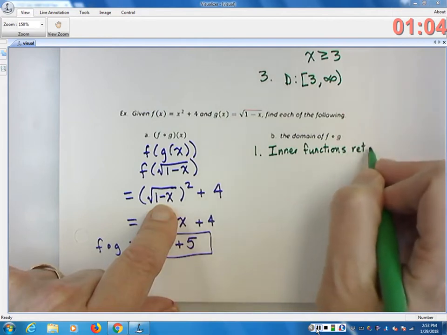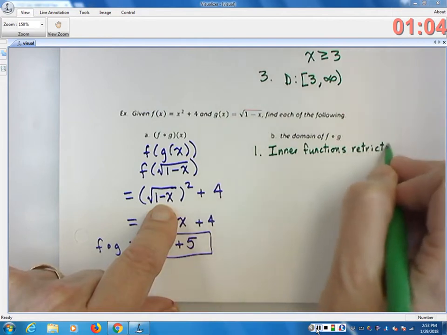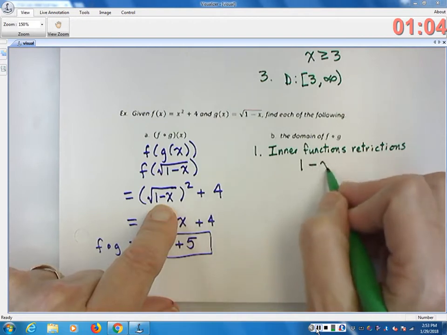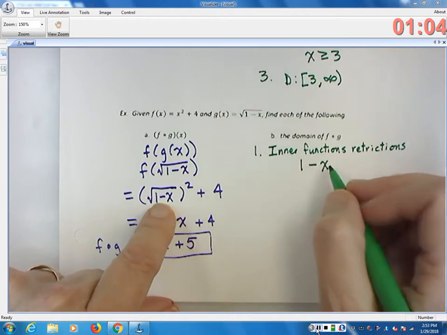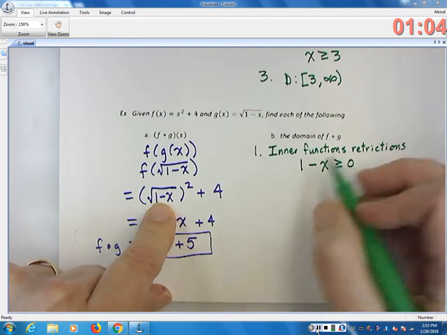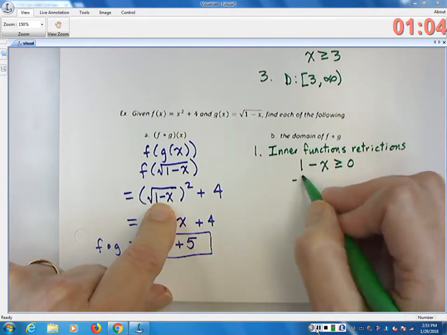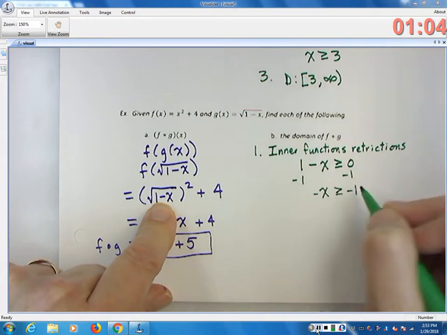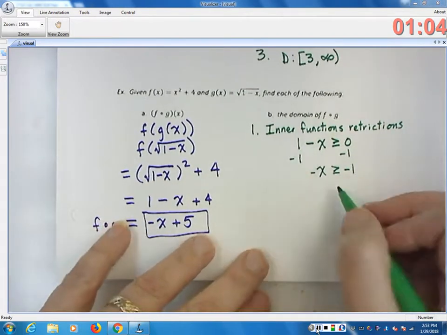It's a square root, so you have to make sure that the radicand, or what's underneath the radical sign, is greater or equal to 0. So we're going to subtract 1, negative x greater or equal to negative 1, and then we're going to divide through by a negative 1.